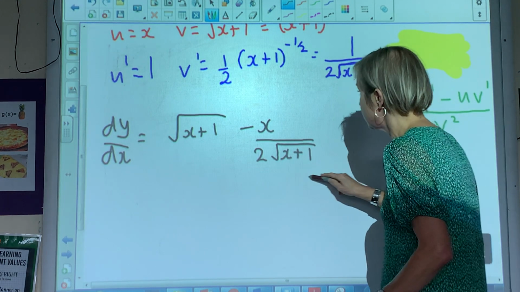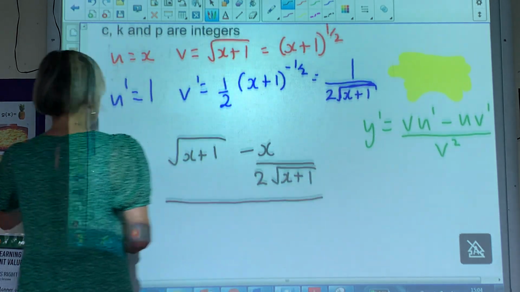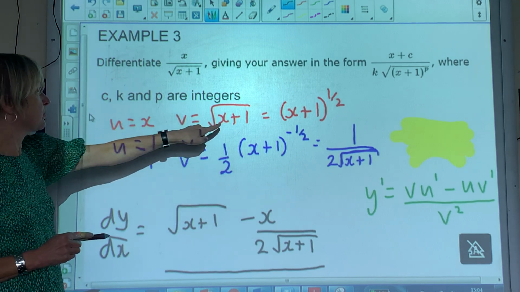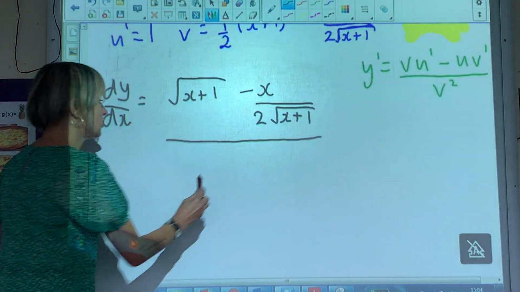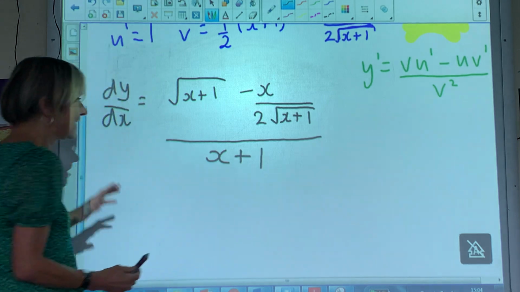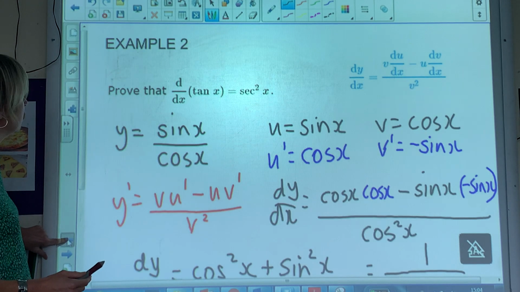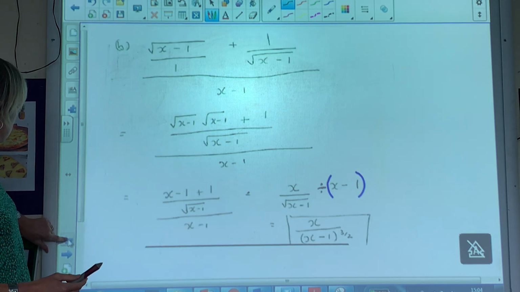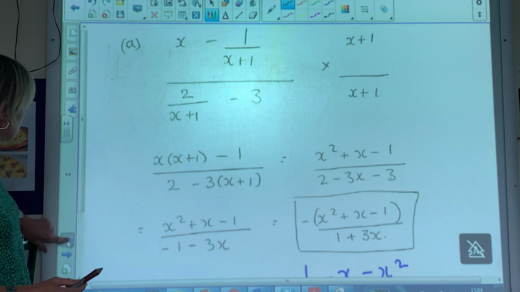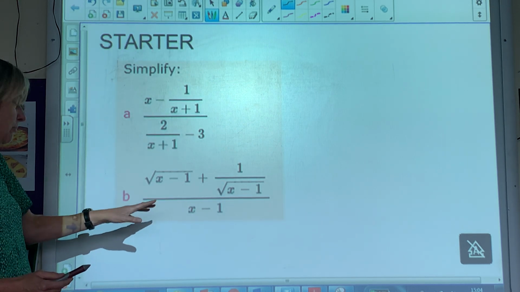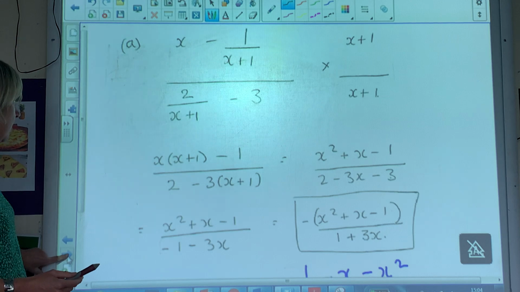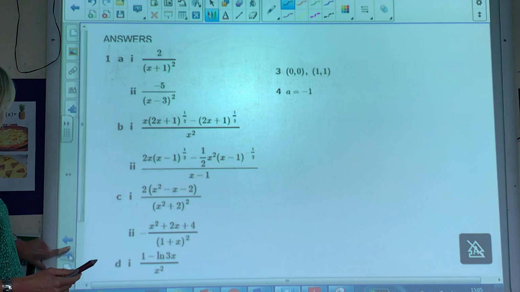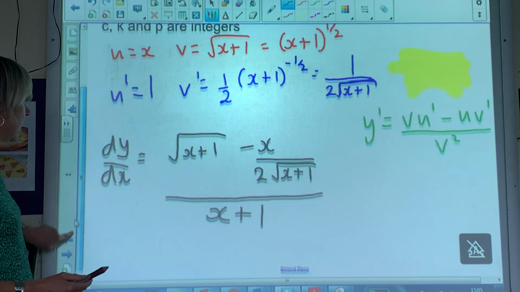All over v squared. Now v is the square root of x plus 1. If I square it, it's just x plus 1. Now that's remarkably similar. Let's have a quick go back to the starter. It's remarkably similar to what you were asked to simplify there, but not quite. So let's now go back to our example.